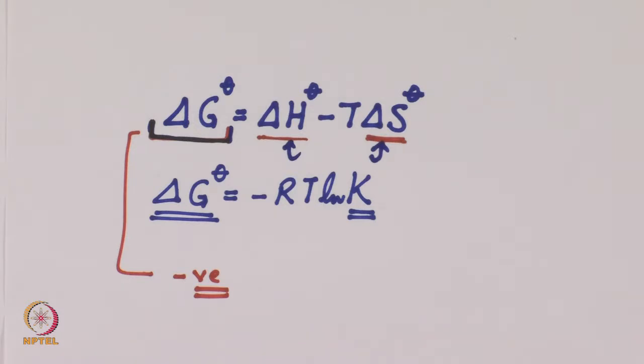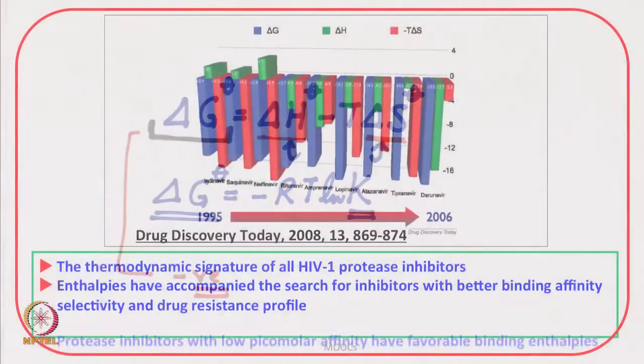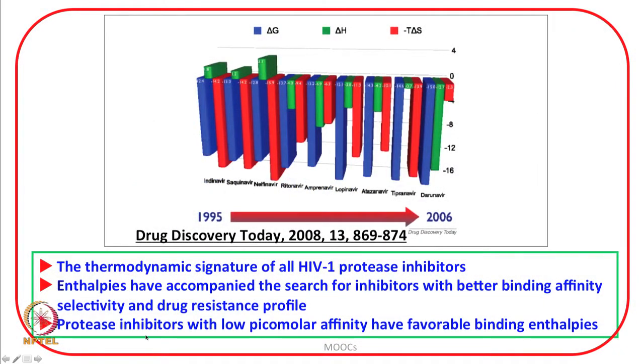And let us discuss a bit more about that. The next comment: protease inhibitors with low picomolar affinity have favorable binding enthalpies. And that is what I was commenting upon, that picomolar affinity.